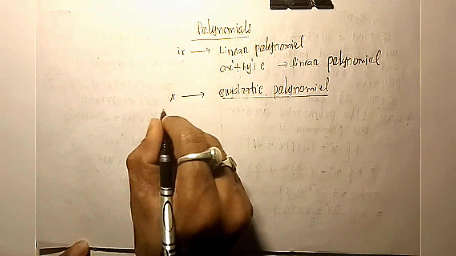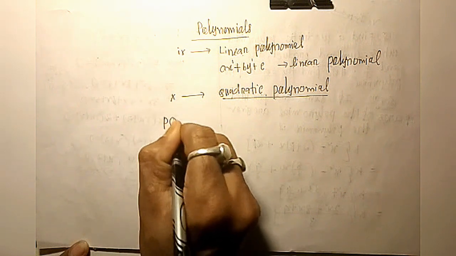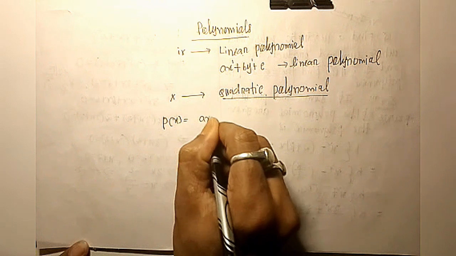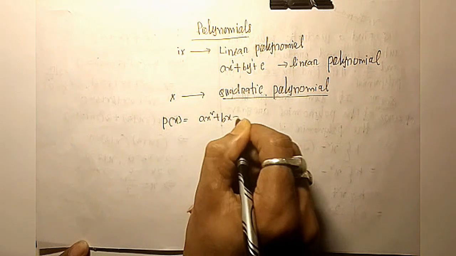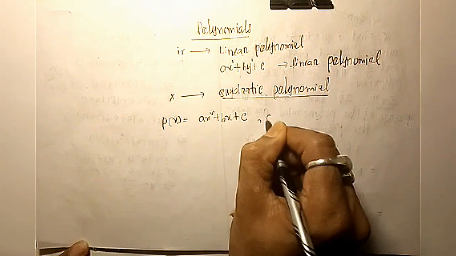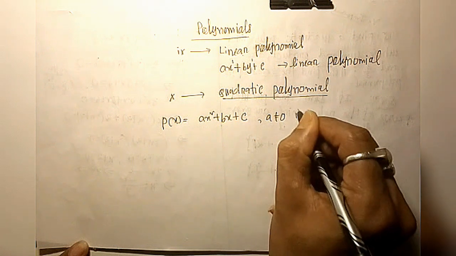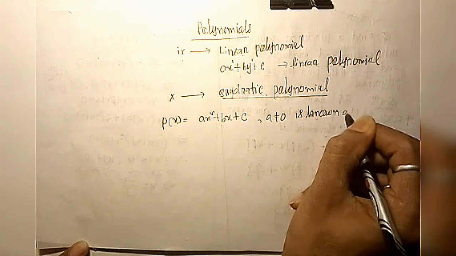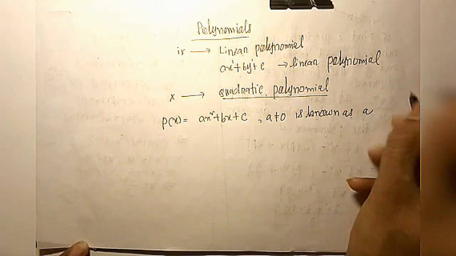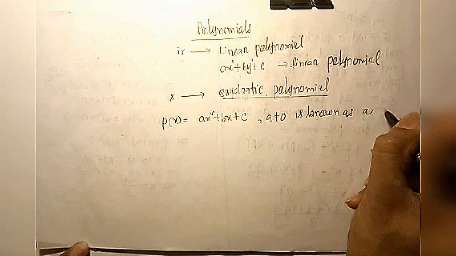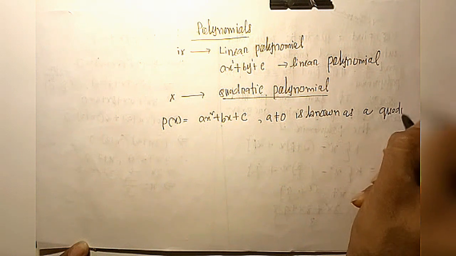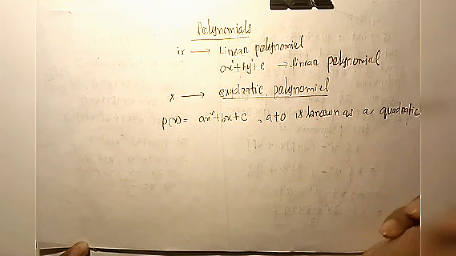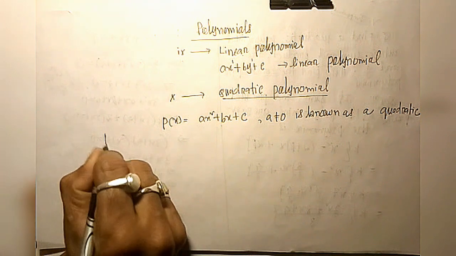So how can we define a quadratic polynomial? p(x) equals ax square plus bx plus c, where a not equal to 0, is known as a quadratic polynomial. Why is it known as quadratic? Because the highest power of the variable is 2.